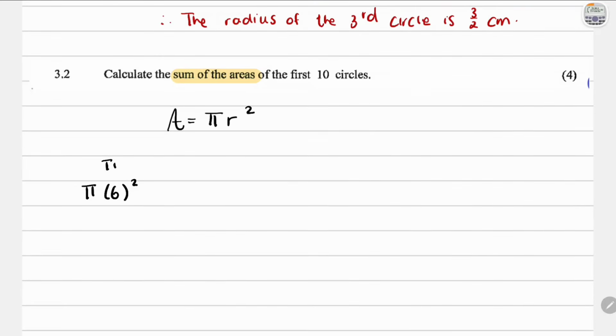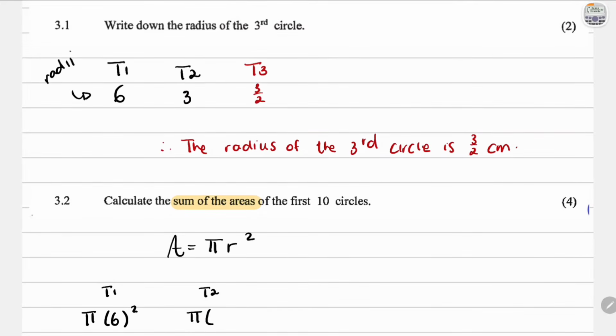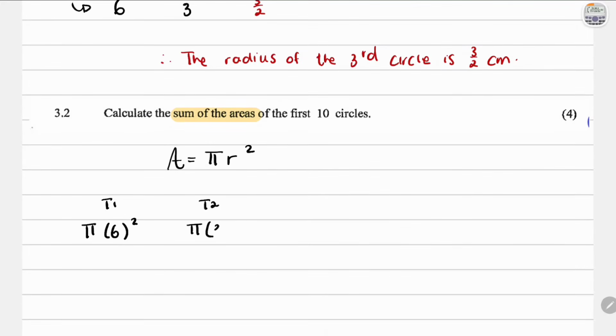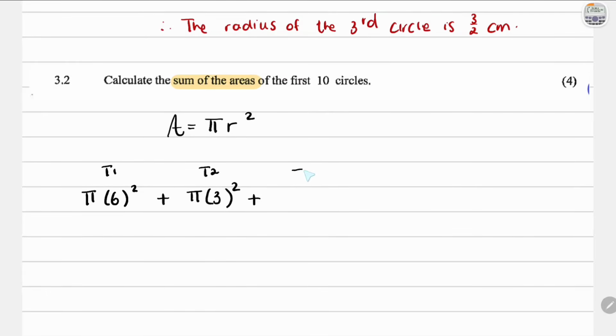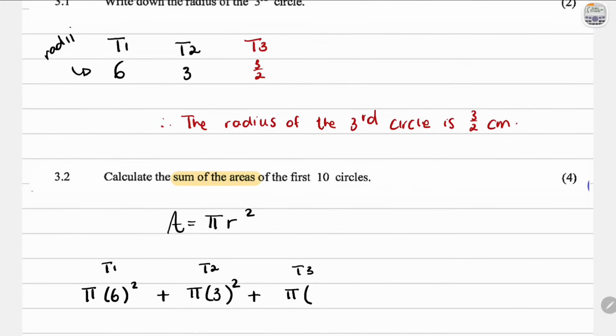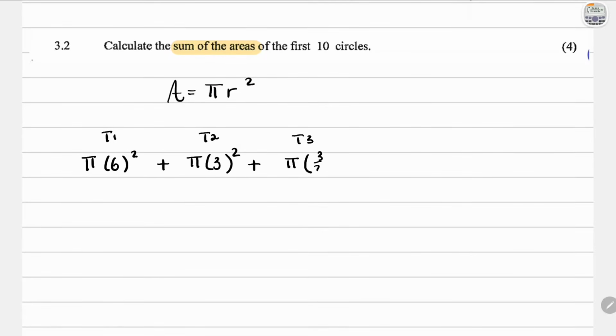Then the area of the second circle would be, again, pi, and the radius of that one is 3. They said the sum, so I'm going to add. This is a series, so 3 squared. Then the third one is pi times 3/2 squared. And this keeps going.